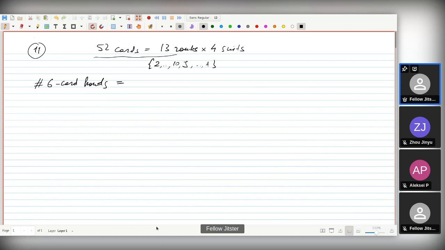That is a hand, a subset, a part of our deck which contains exactly 6 distinct cards. How many 6 card hands do we have? 52 choose 6. Exactly.